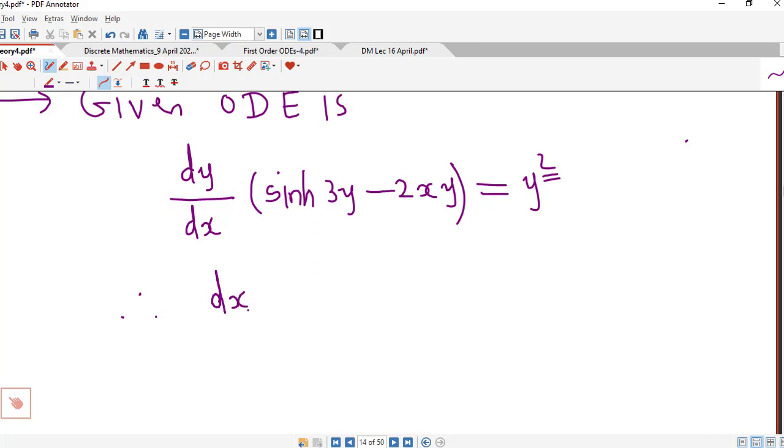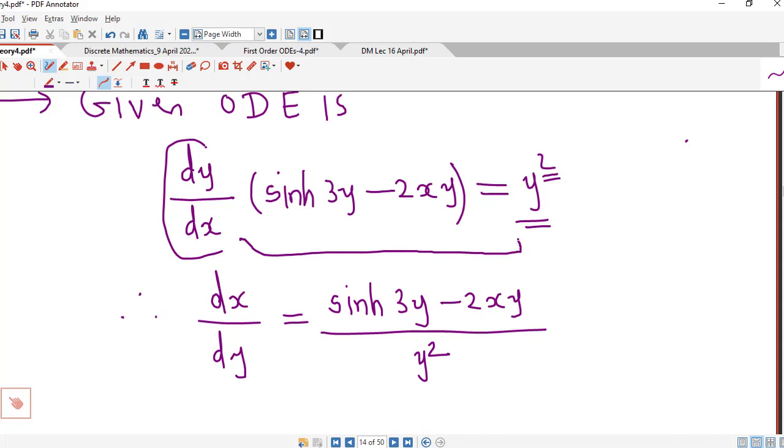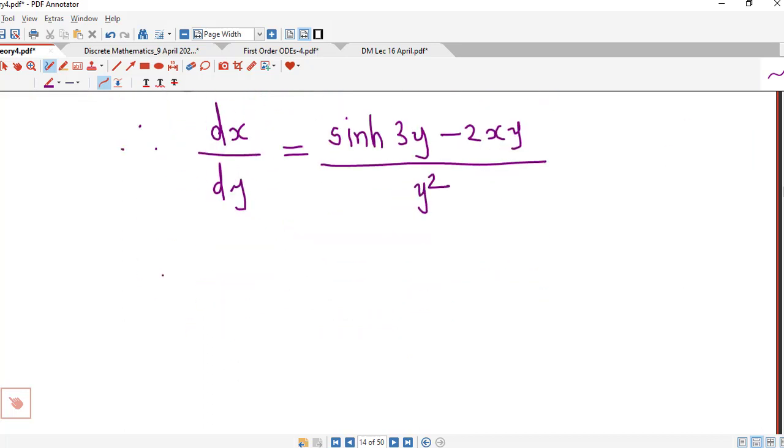So we can see, if we take dy by dx on the left hand side and y square on the right hand side, we will have dx by dy equal to sine hyperbolic 3y minus 2xy over y square. So we try to write this in standard form, dx by dy.